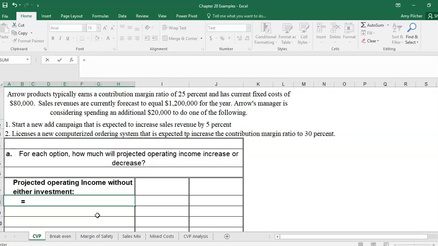So we're going to take our $1.2 million in sales times 0.25, or 25%, and subtract 80,000 in fixed costs.